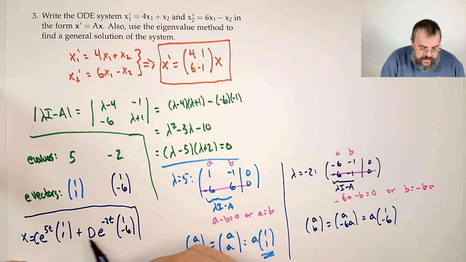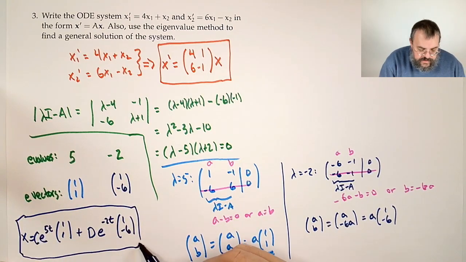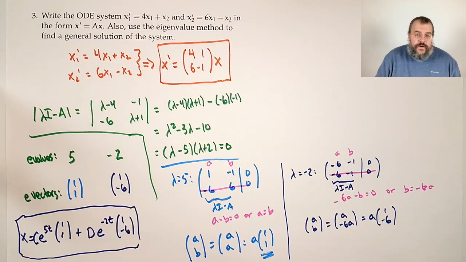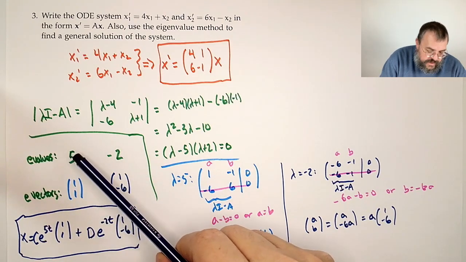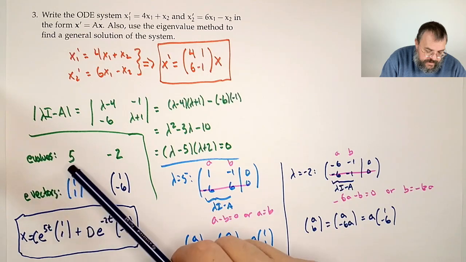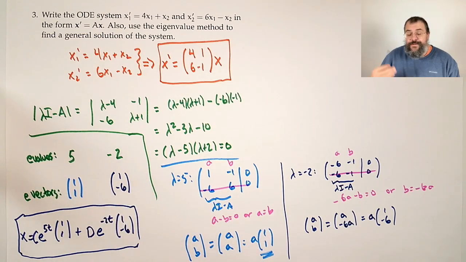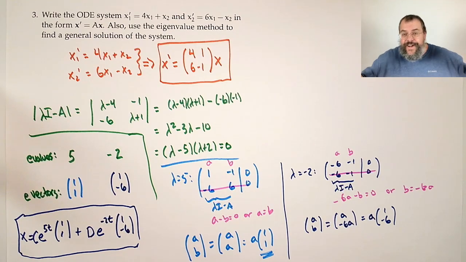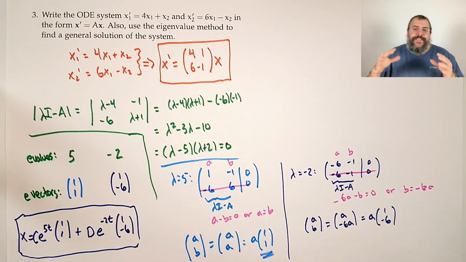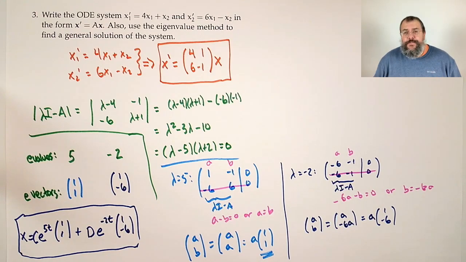And that's your general solution. So once you have these pairs, the eigenvalue slips in up here inside the exponent, and the eigenvector comes in. And especially when they're real and distinct, and you've got all your eigenvectors, life is pretty straightforward. If you get complex, things get a little bit more interesting, but not too much. If you have repeated eigenvalues and missing eigenvectors, things get really interesting, but that's not this problem.